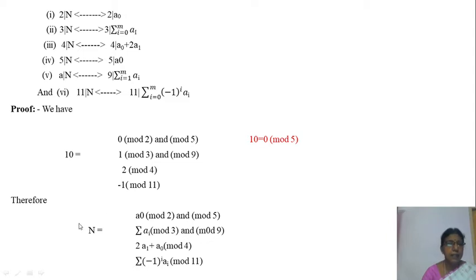And n is equal to 2a1 plus a naught mod 4. And n is equal to sigma minus 1 whole power i ai mod 11. This gives the required result. Observe each line and write these equations.